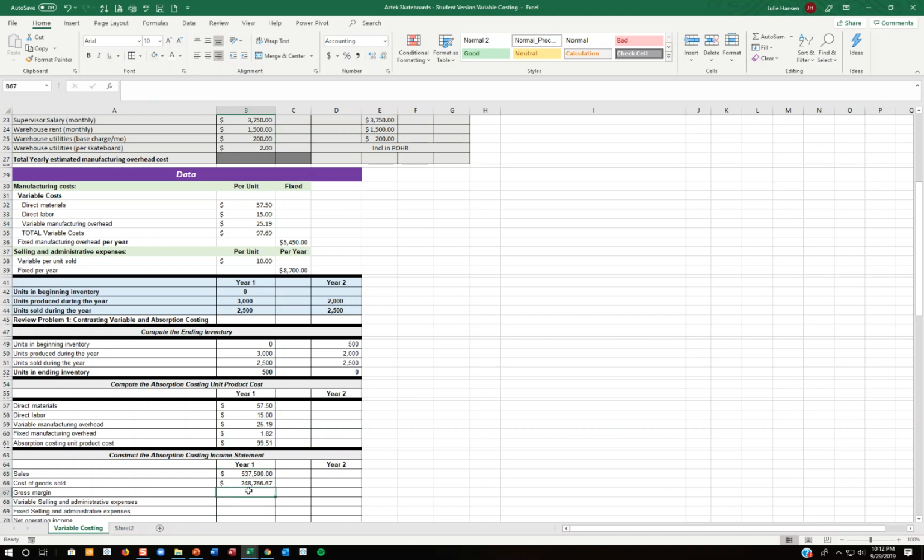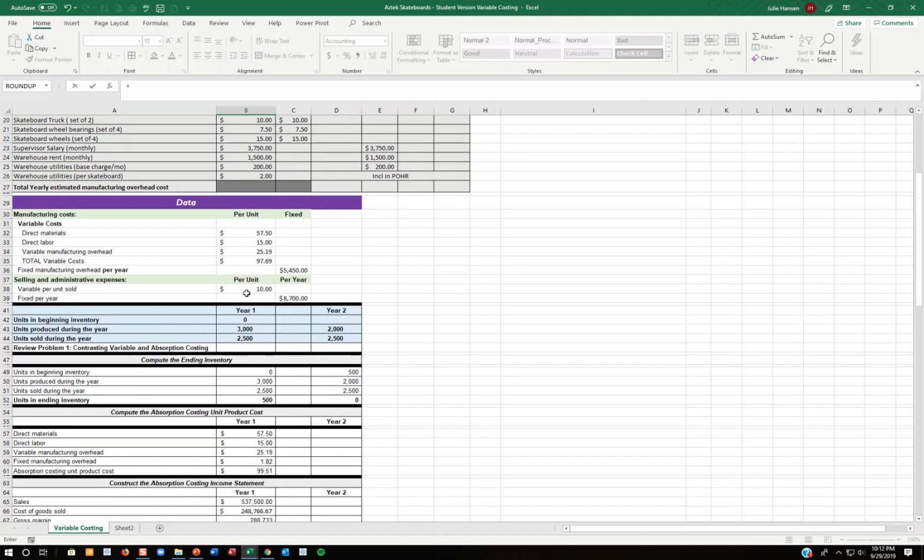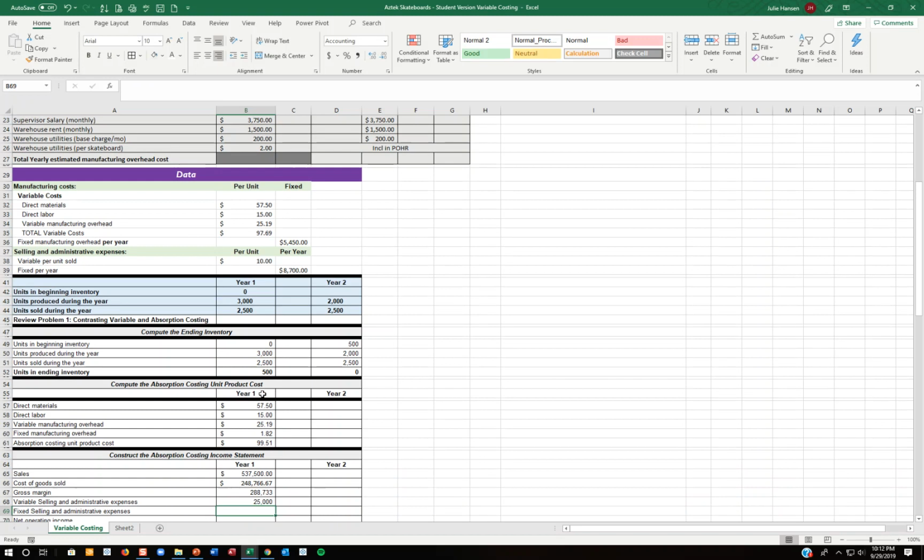Then our gross margin is going to be the sales less the cost of goods sold, and then we have our variable selling and administrative. So for our variable, we remembered that that was the $10 per unit times how many we sold, which was the 2,500, and then our fixed is obviously fixed, so that doesn't change.